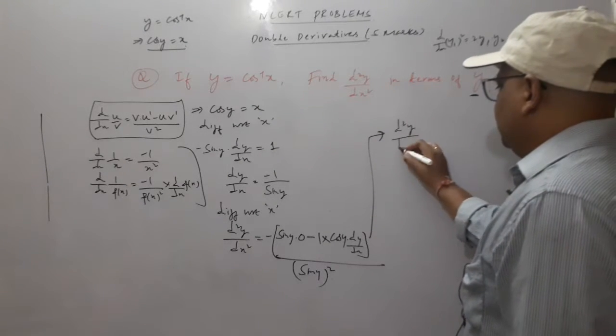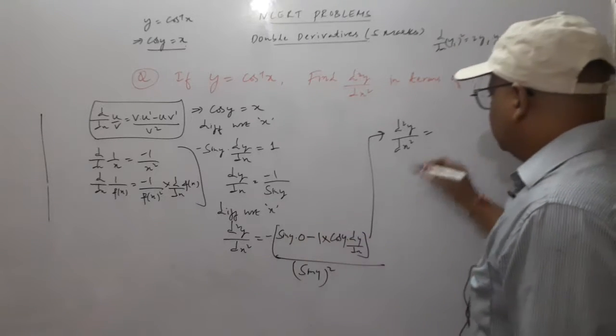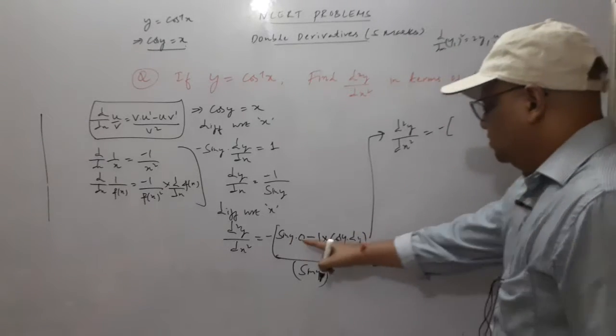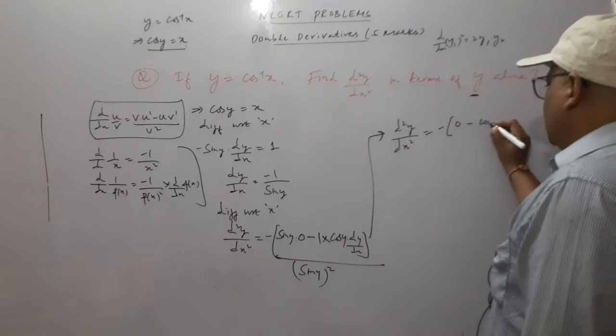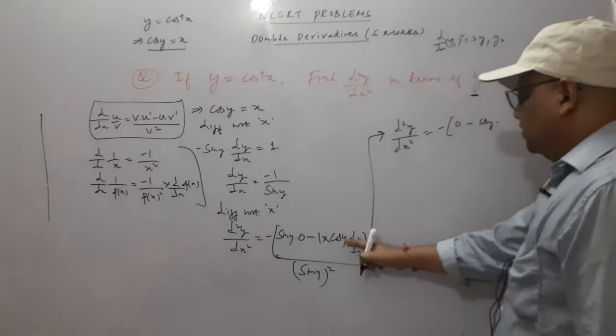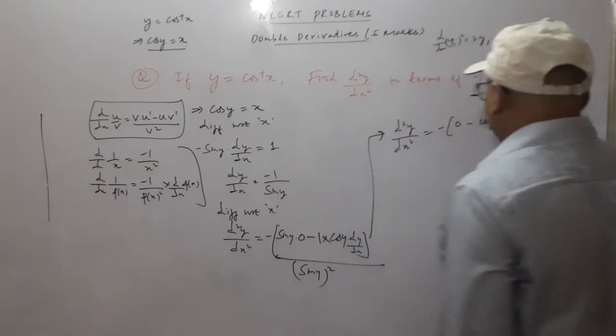d square y by dx square is equal to 0 into anything will become 0 minus, let me keep it outside only, 0 into anything is 0 minus cos y into dy by dx. Dy by dx is minus 1 by sin y.